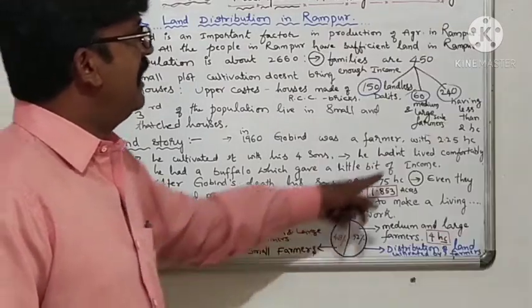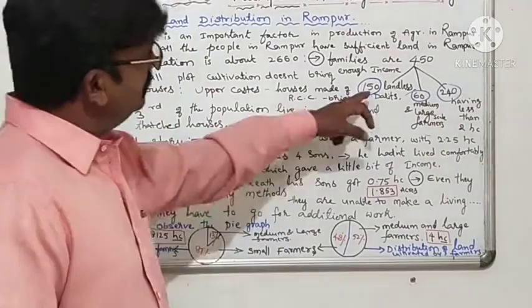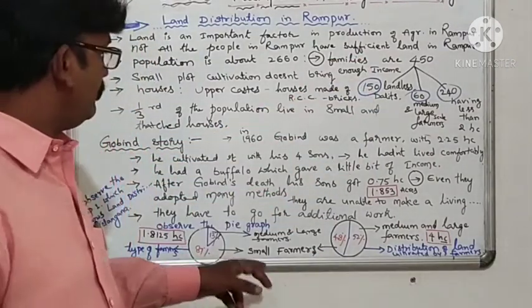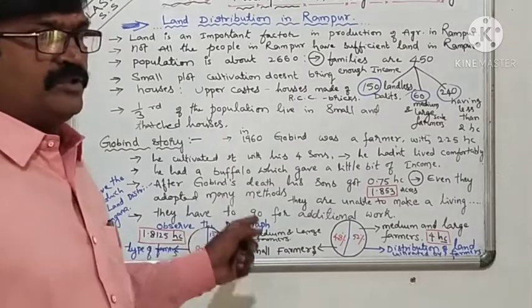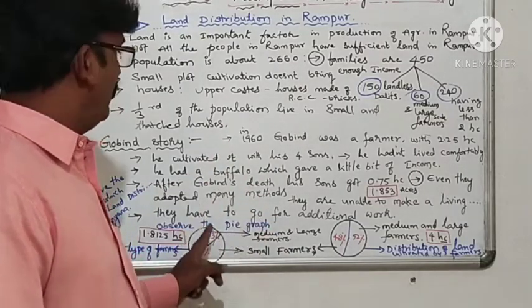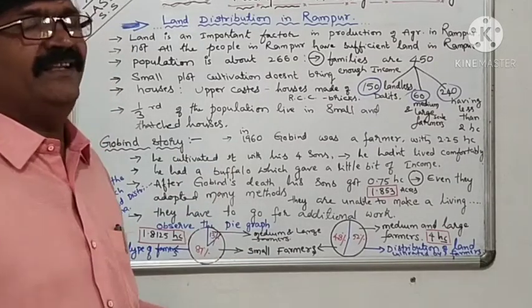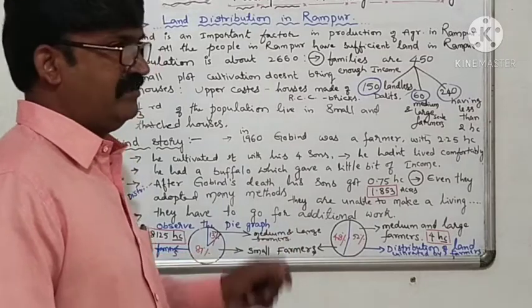Small farmers means having less than 2 acres, or landless poor. That means if we suppose 100 people are there, 87 are small farmers. Only 13 people are in the segment of medium and large farmers.